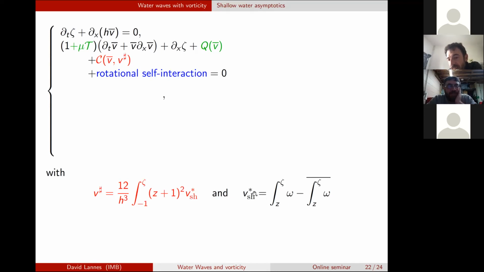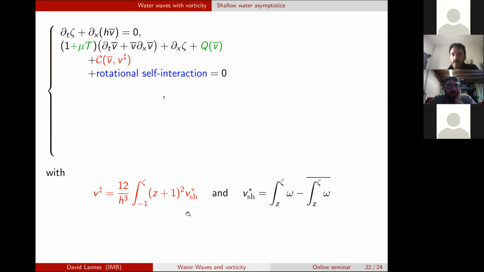And the star means that I take it with zero vertical average. Okay, so I take it like this. And this quantity V sharp actually is the second moment of this shear velocity. So you find an operator, which is a differential operator, quite simple, but I don't write it, between V bar, which is here, and V sharp.